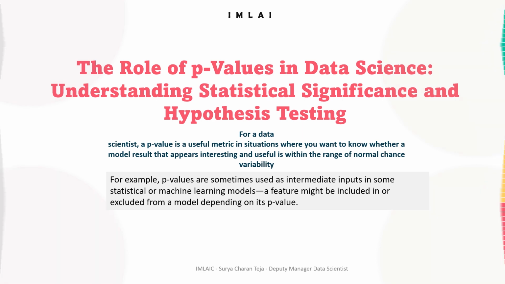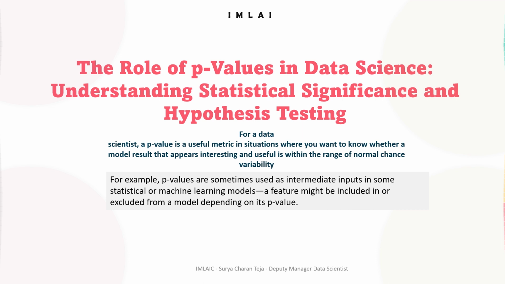On the other hand, if a result has a high p-value indicating that it's likely due to chance, it might be excluded from the model. Like this, you can use p-value and statistical significance in data science modeling.